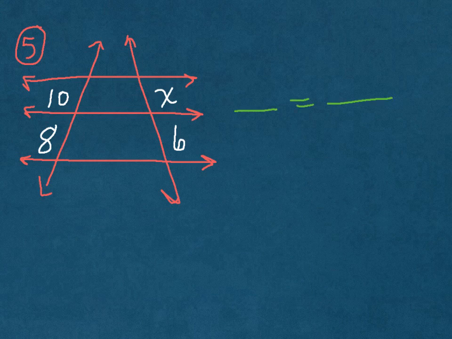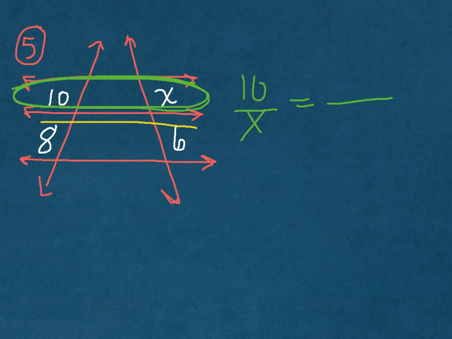What I like to do is look at the strips of parallel lines. So this right here is a strip, or a kind of channel, of parallel lines, 10 and x. So you can put those two in a fraction together, 10 over x. The next strip is going to be the 8 and the 6. So we're going to put the 8 over 6 together.